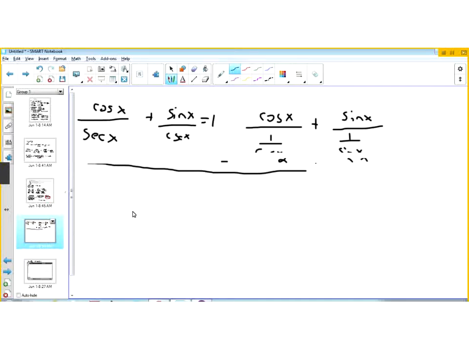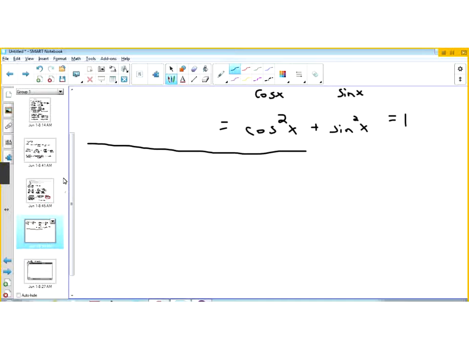All right, so let's prove this one. How about the sine of alpha minus the tangent of alpha times the cosine of alpha minus the cotangent of alpha.